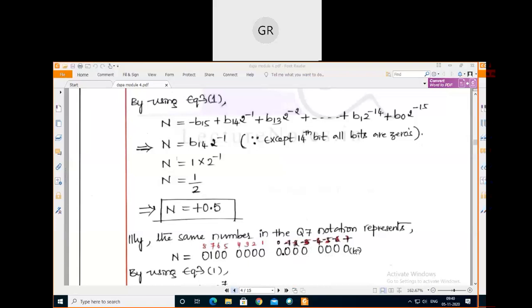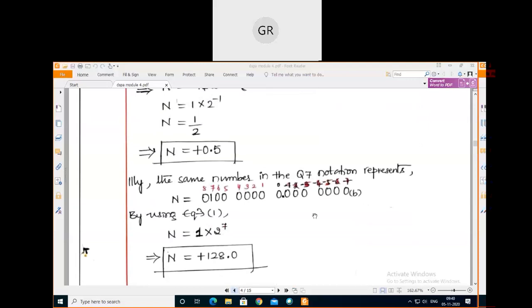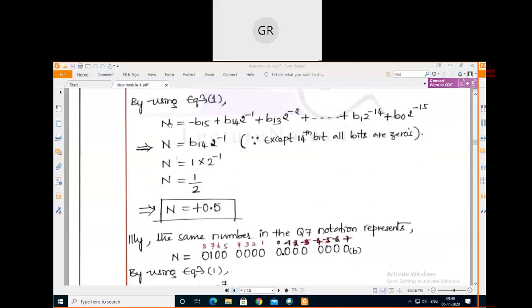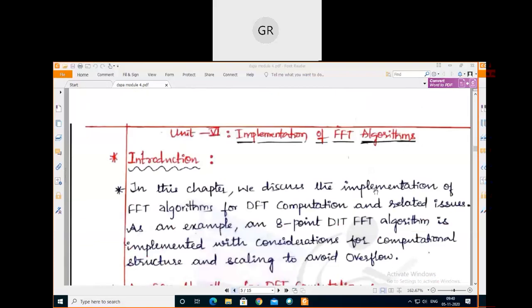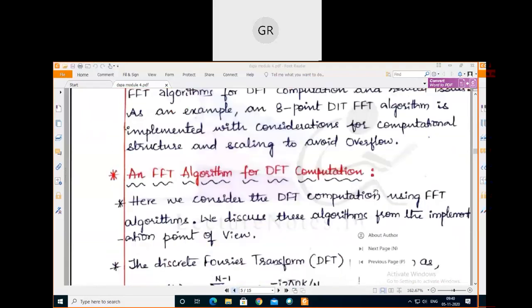Behind the decimal point, 0 into 2 raised to 0, you can start from 0, plus 0 into 2 raised to 1 plus 0 into 2 raised to 2, 2 raised to 3, 2 raised to 4, and so on. Like that you can solve the problem. Please go through this, it's very important. And please remember this Q notation format.